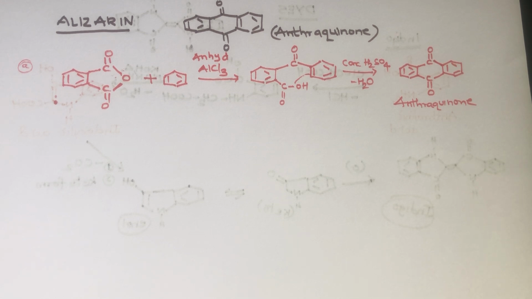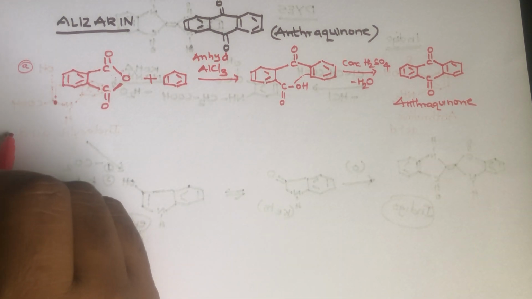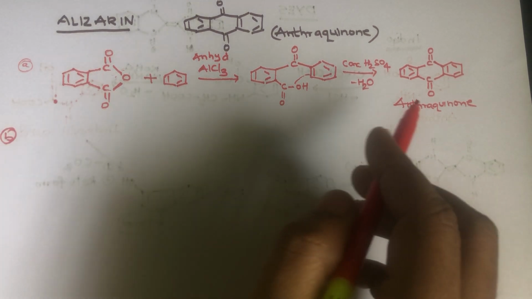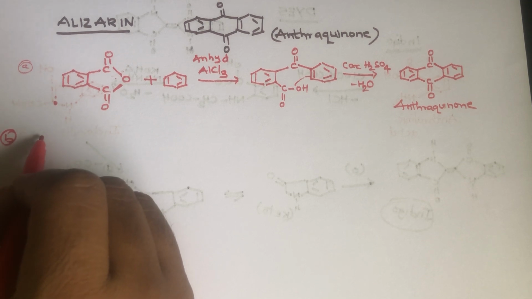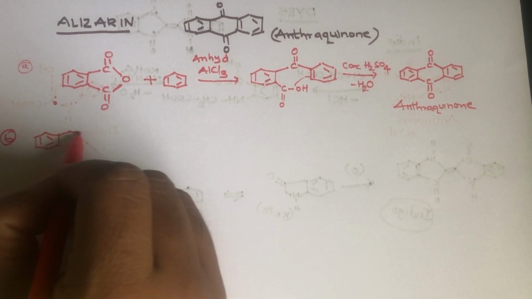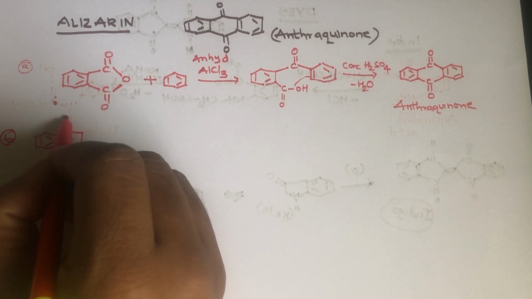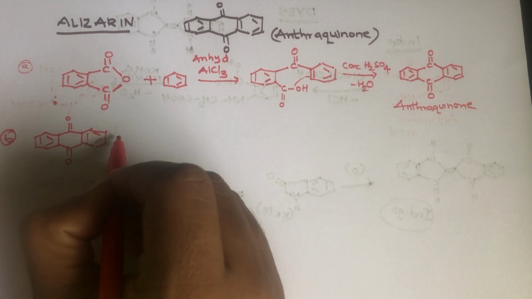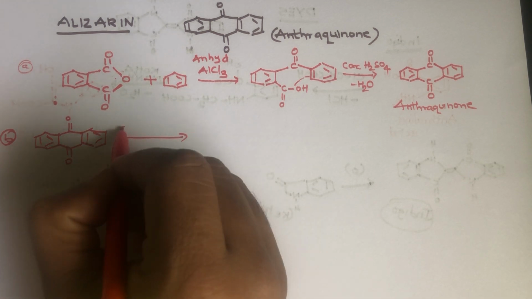Okay, but alizarin is the salt of this. We need to go through another 2 steps. So this is the first step. Second step. Whatever anthraquinone that you have obtained is treated with oleum.